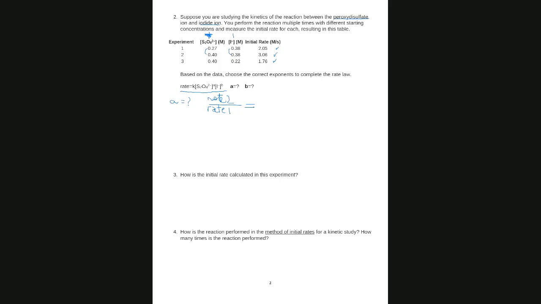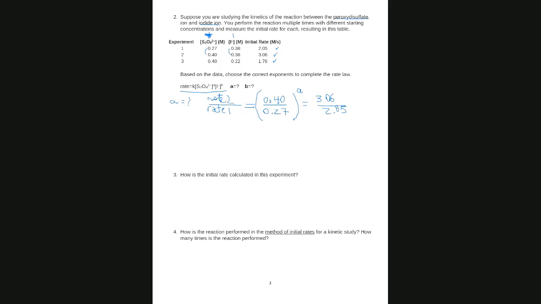So then all I will have is 0.4 divided by 0.27, all raised to the A. And this is going to be the rate 2, 3.06, divided by 2.05. Does it make sense?